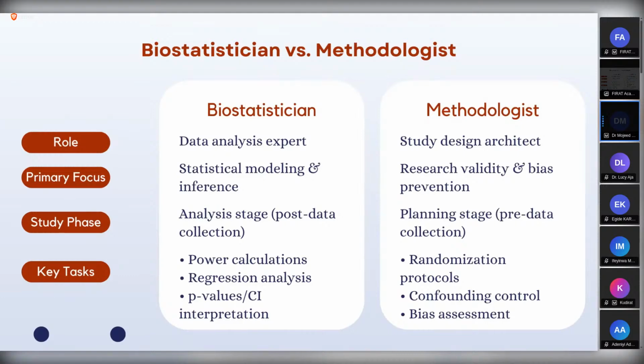Then the key tasks for a biostatistician include power calculation. For studies to have scientific rigor, for that study to be methodologically sound, or for your study to be able to generalize its findings, you need statistical power, which is linked to sample size.